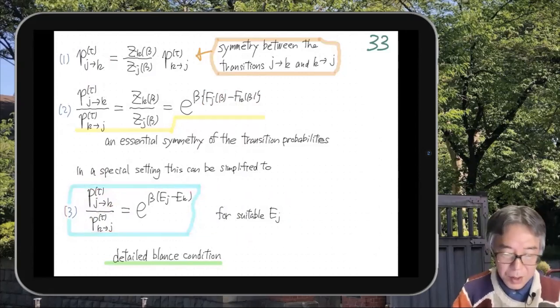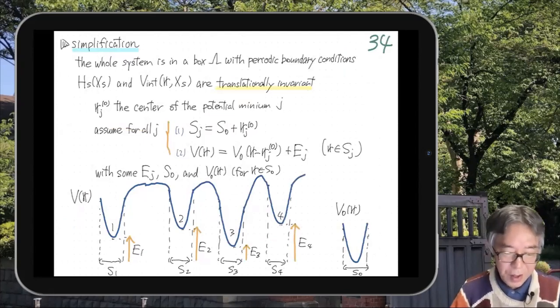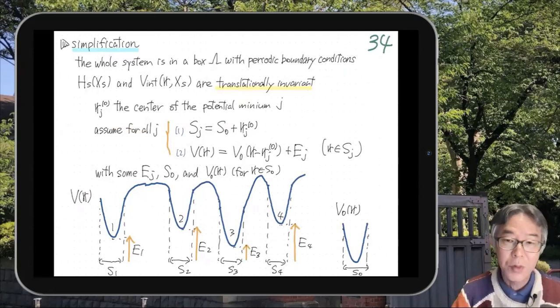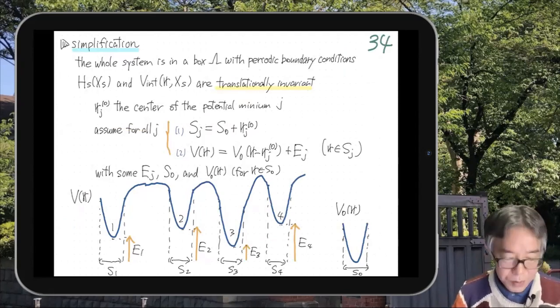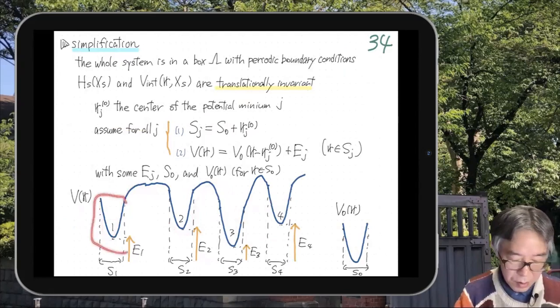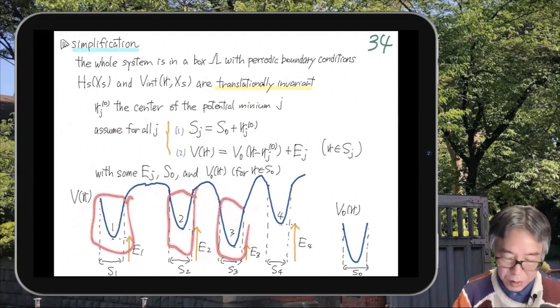Okay, you don't have to care, but let me briefly discuss one way of justifying this simplification. The idea is very simple. Here's the potential V, but we assume that these local minima are all identical.